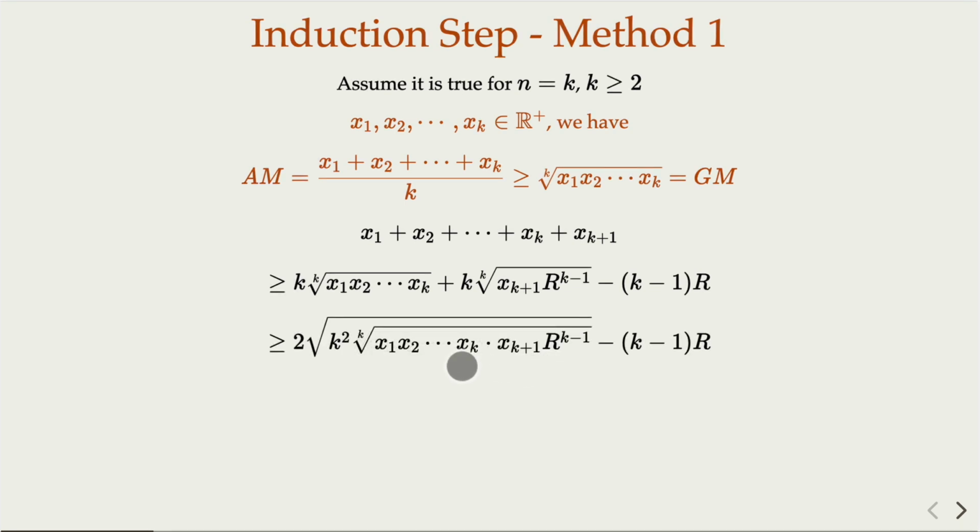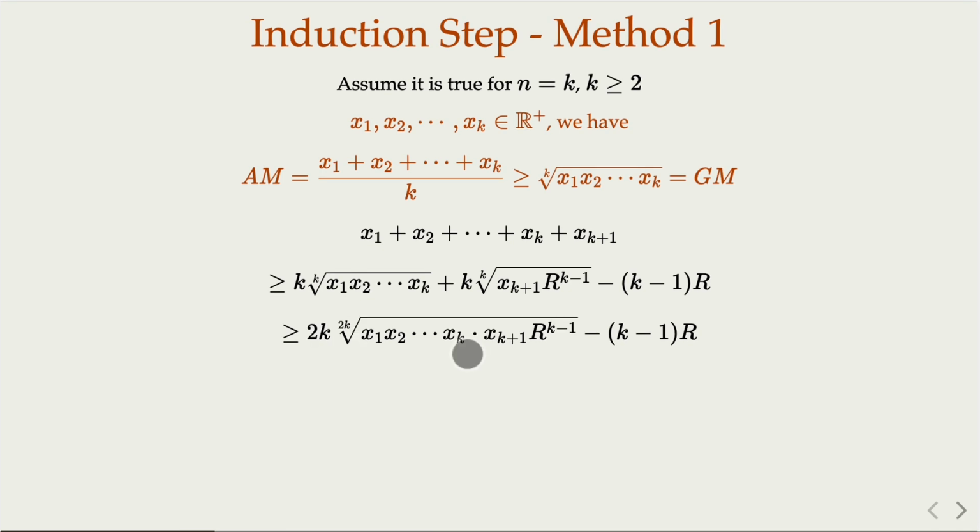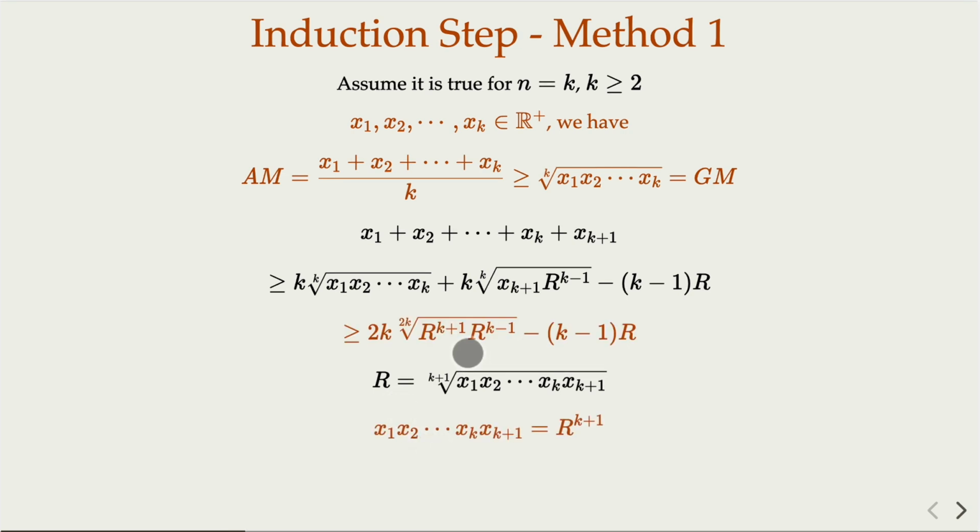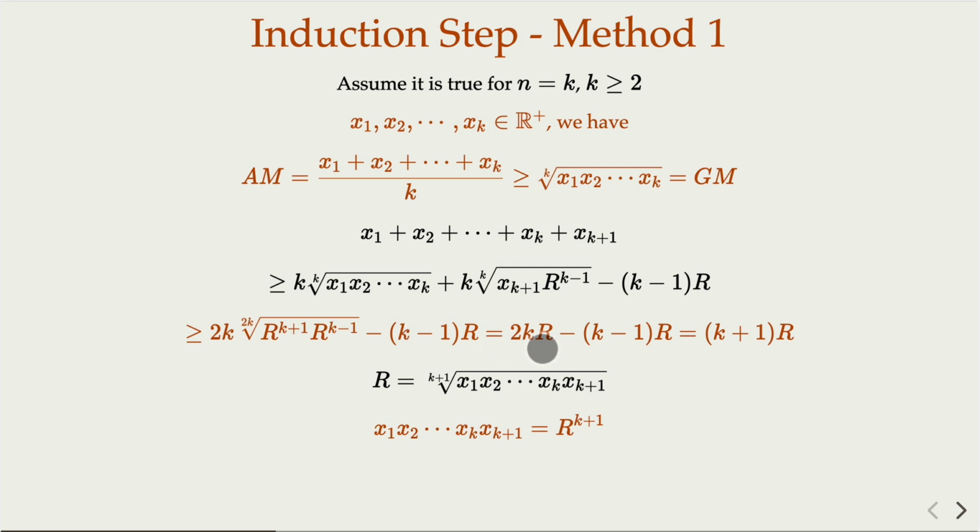Taking out k, this is nothing but 2k, right? The square root of the kth root is going to be the 2kth root. Remember, R is the geometric mean of k plus 1 variables, which means raised to the k plus 1 power, it is the product. So this is R to the 2k and then the 2kth root. That's exactly 2kR, minus the other term here, you're going to have k plus 1 R.